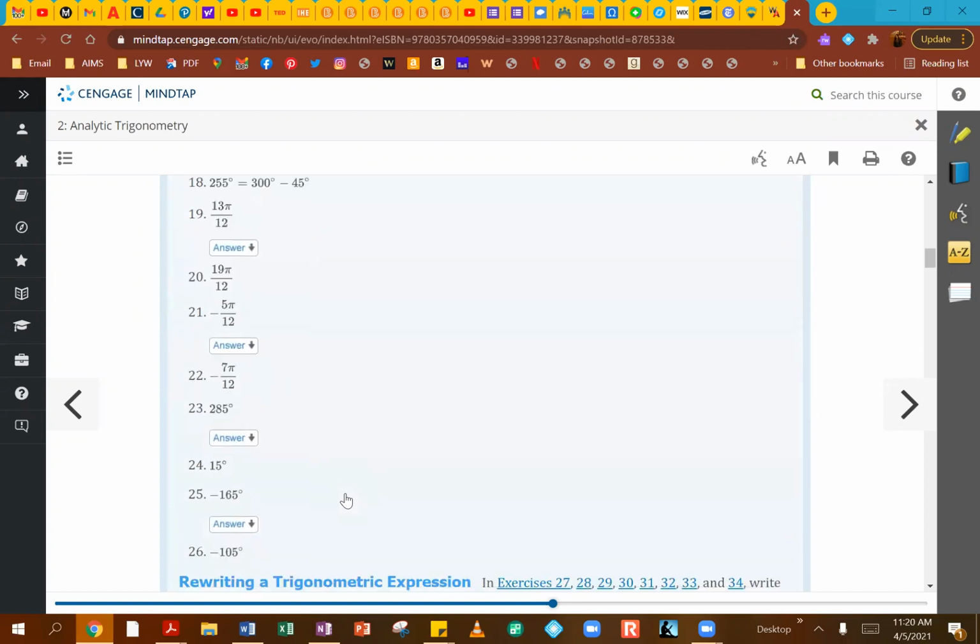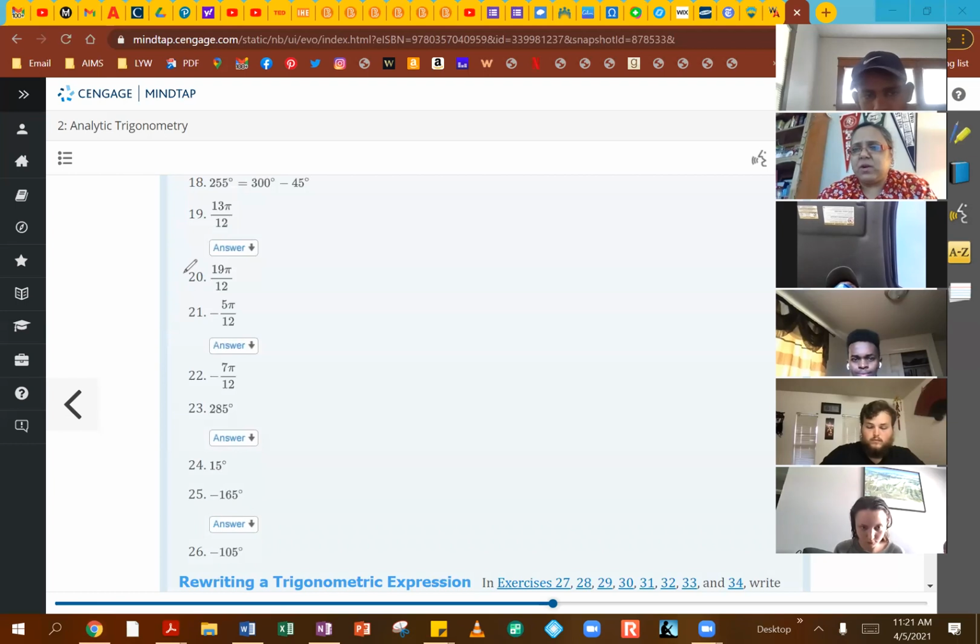Number 20 gives us the angle measurement of 19 pi over 12. We had figured out the sine and cosine values for this angle, but we needed to work on tangent. So I wanted to ask if any of you tried working on this, to see what you were able to get for the tangent function.